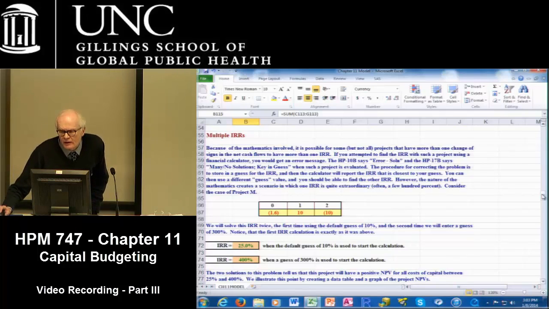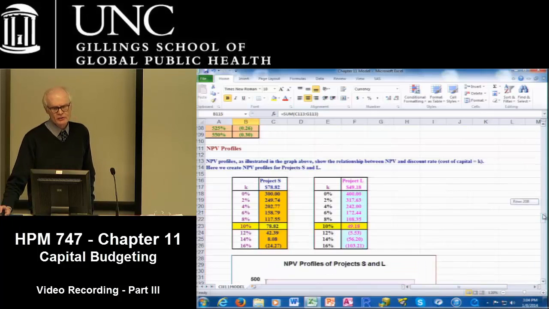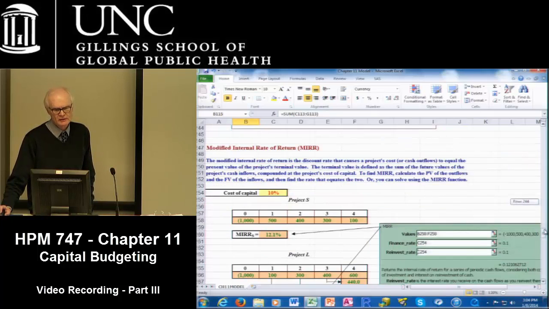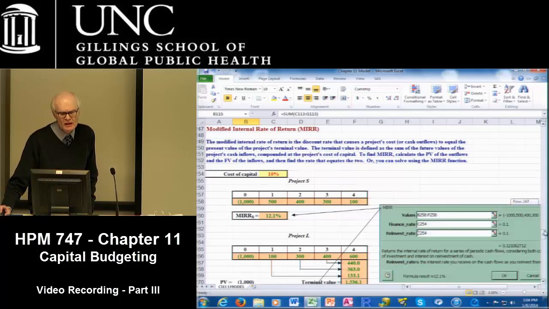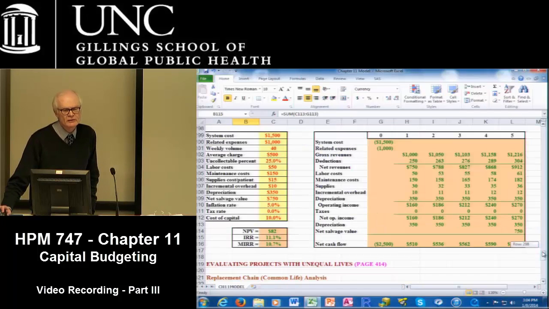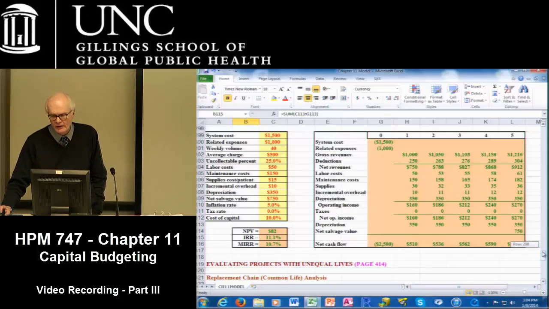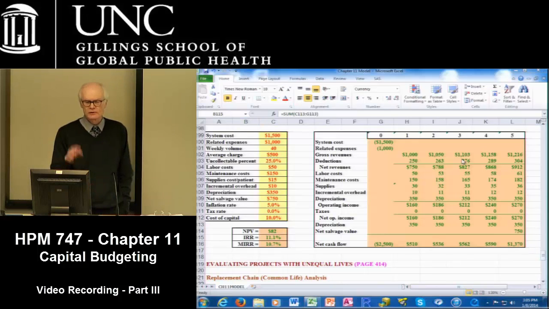And then finally, there's some interesting applications, and then there's the modified internal rate of return as well. That shows you how it can be used. And then it goes through all the examples that are used in the book, and you can play around with these in terms of seeing what the impact of different inflation rates and so on make on all the cash flow estimates. And when you do your problems, I recommend that you link these things.